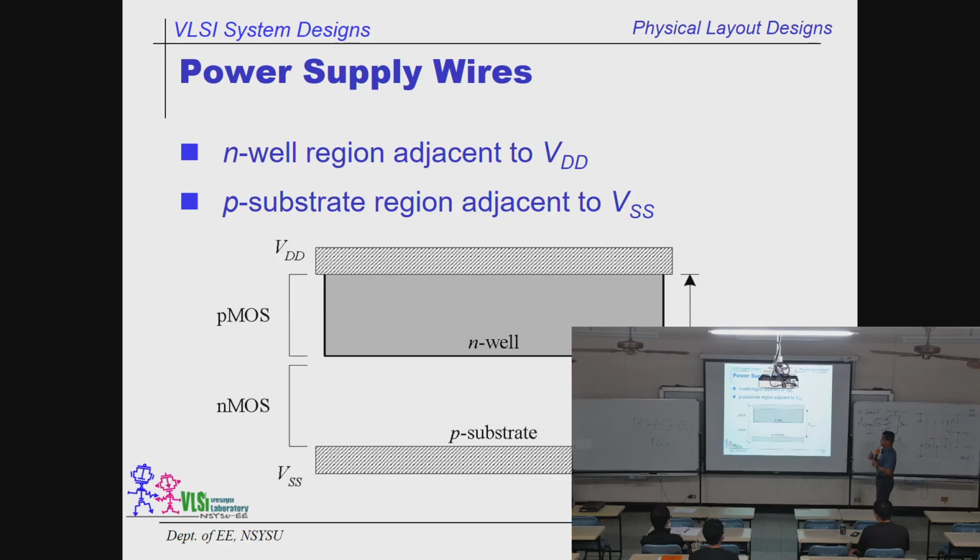And the P substrate region is right next to the VSS. This is the PMOS because you also need a well contact over here. So power supply wires always go first because power is everything, just like our life. Energy is the fundamental of everything. Without energy, we'll be back to the Stone Age or Dark Age, all right?